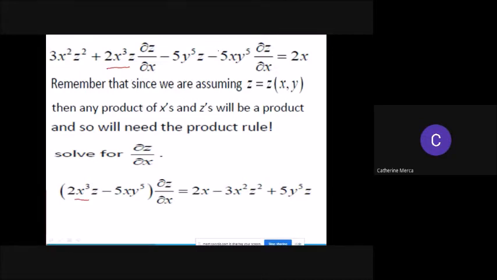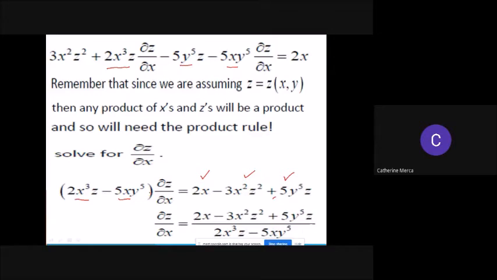Then, apa yung partial of z kani? So, you have your minus 5xy, this one. And then, 3x squared z squared is here. When you transfer, kanina side, may siyang minus. Then, minus 5y to the fifth. So, pagbalin sa pikas, may siyang plus. Ayan, plus. Then na may 2x daan. So, you have your 2x there. So, rewriting again, you divide the entire thing by kani. So it will be that.